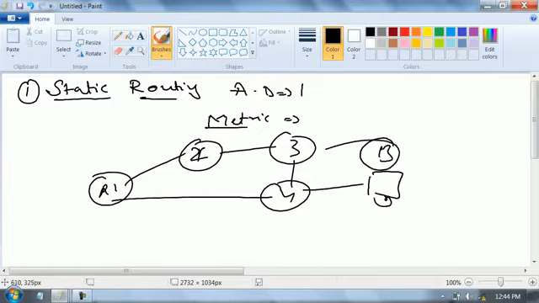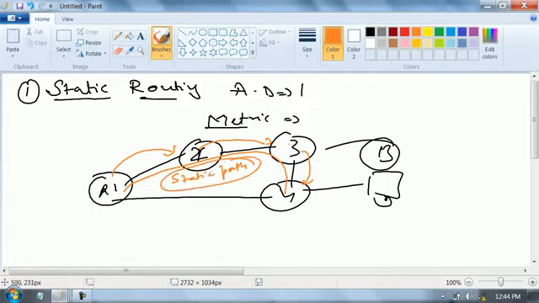Agree? If I define a way like this, R1 will always use which way? This way. This is a static path. Agree or not? It means in a static path, the router can never decide which is best or which is not best.